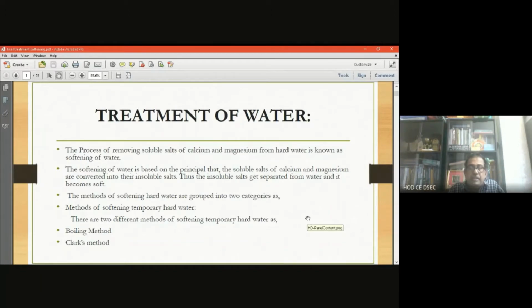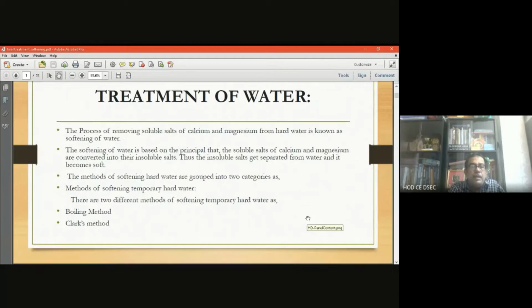Now, in case of the temporary hardness of water, two methods are applied for removing the temporary hardness. What are they? They are basically the boiling method and the Clark method. These two processes are widely used for the treatment of the temporary hardness of water.